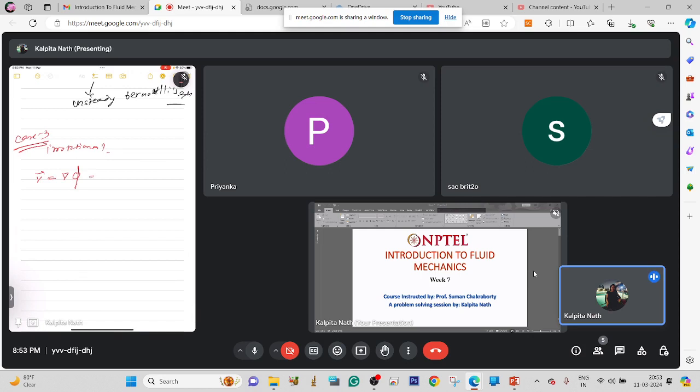This we already know from the previous class. So this can be written as i cap del phi del x plus j cap del phi del y plus k cap del phi del z. And dl vector is equal to i cap dx plus j cap dy plus k cap dz.